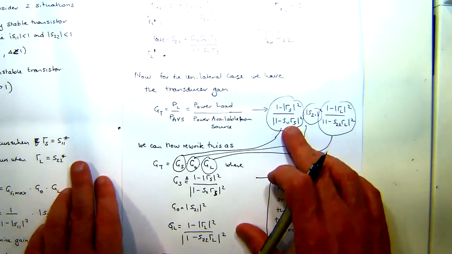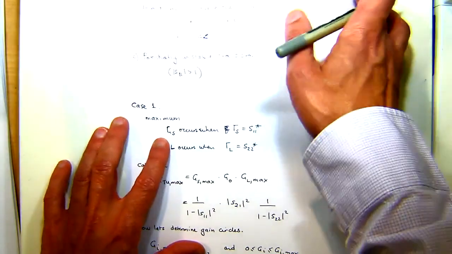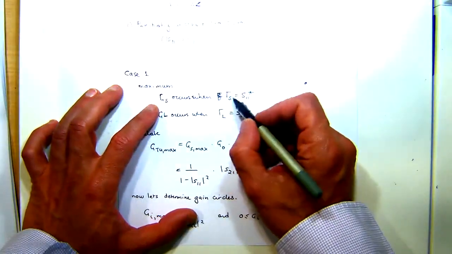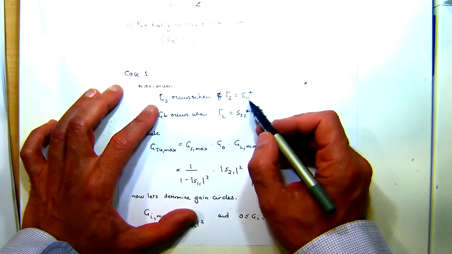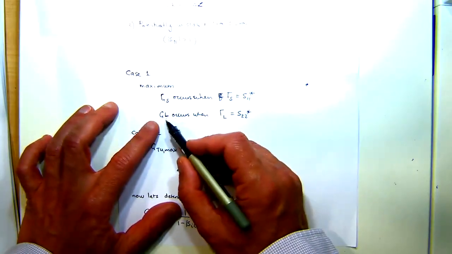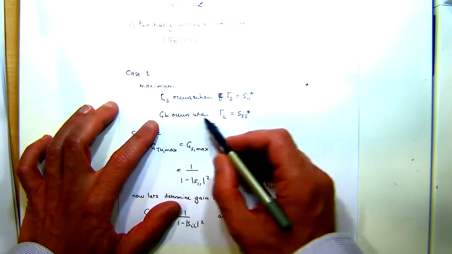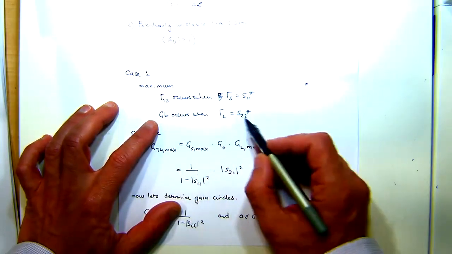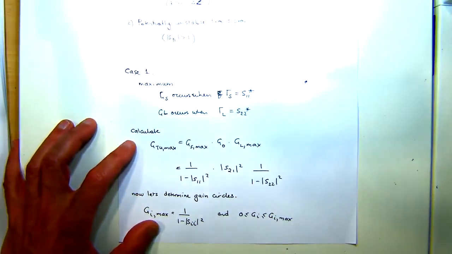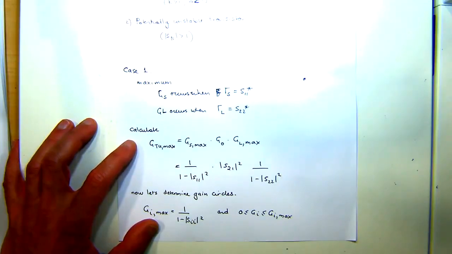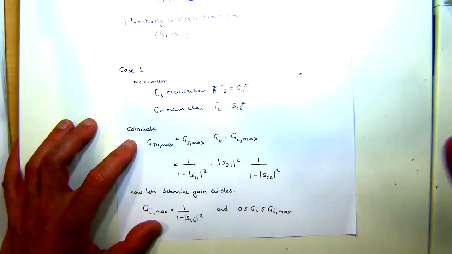So convince yourselves that the maximum for GS occurs when the source reflection coefficient is equal to the complex conjugate of S11, and also the maximum gain at the load, GL, occurs when gamma L is equal to S22 conjugate. If you go through that, I think Pozar actually goes through the calculation, so you can convince yourself that that's the case.